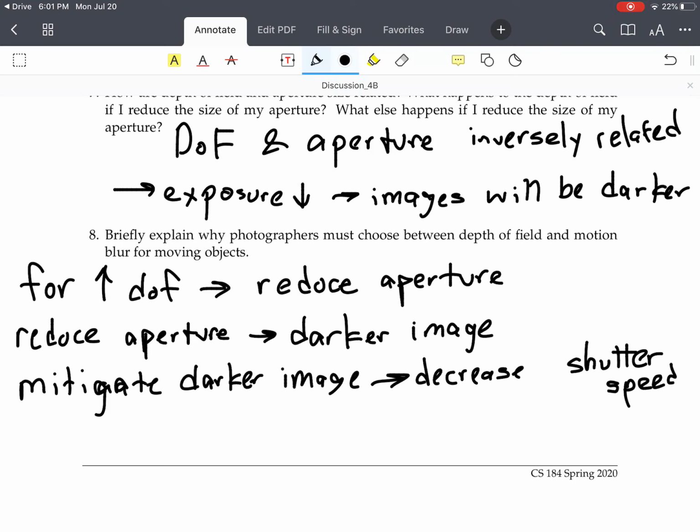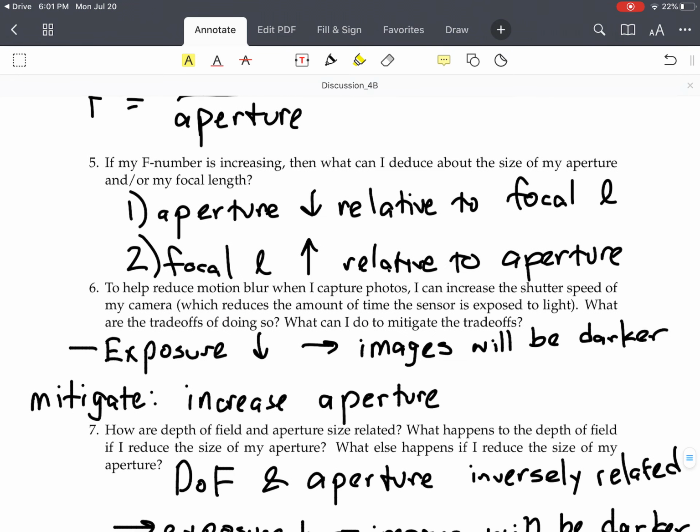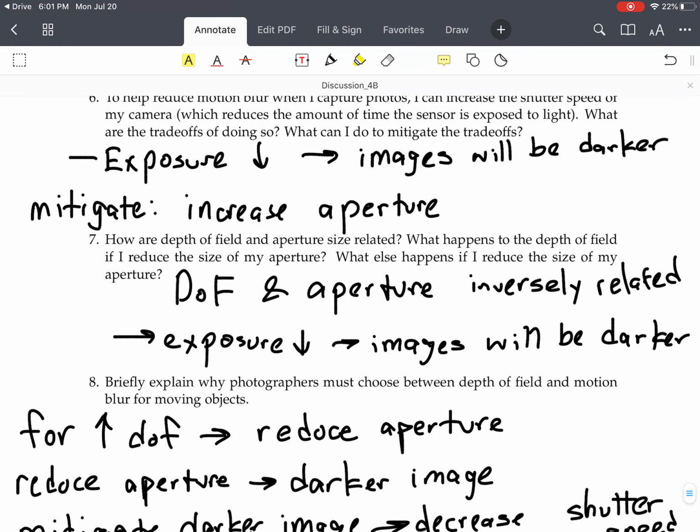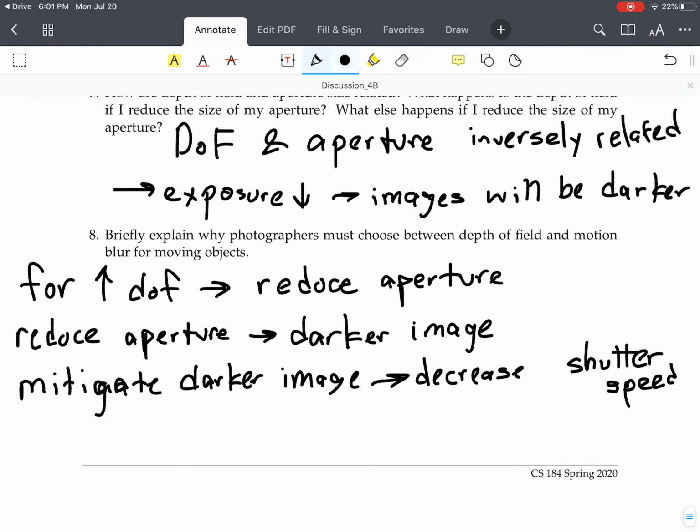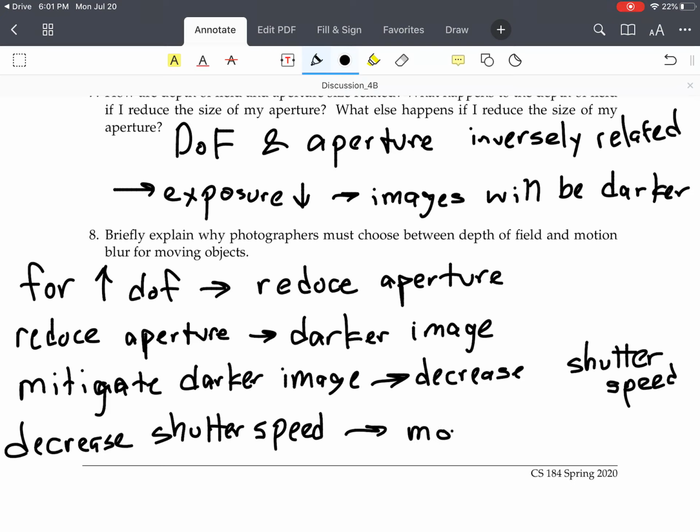But as we talked about, coming up here, why did we increase the shutter speed? In order to reduce the motion blur, right? And so if we do decrease the shutter speed, then we're going to have more motion blur.